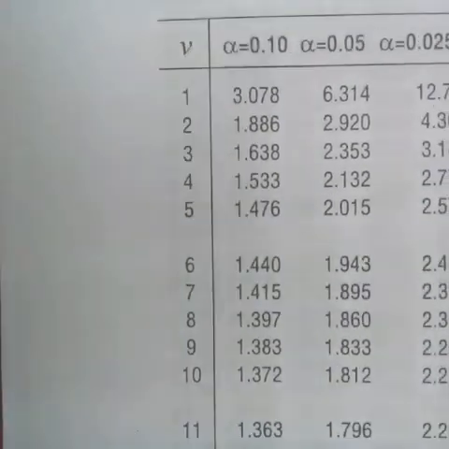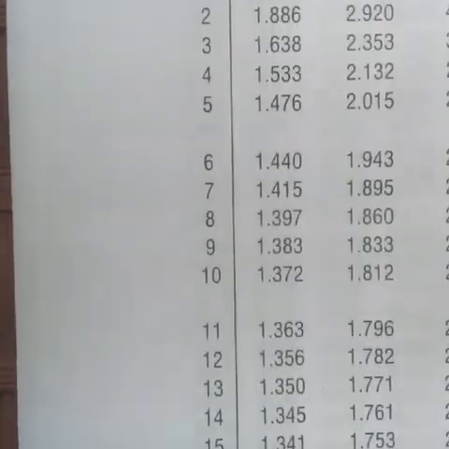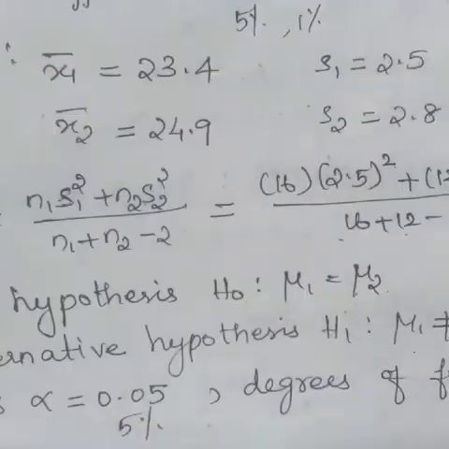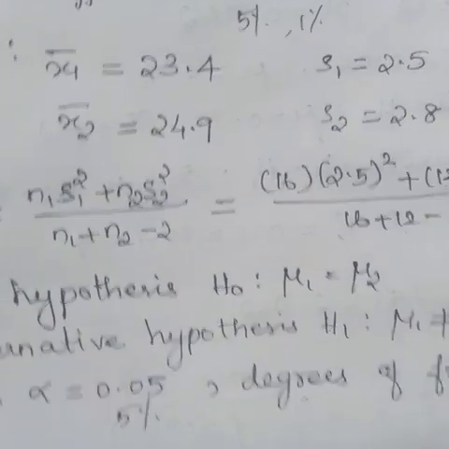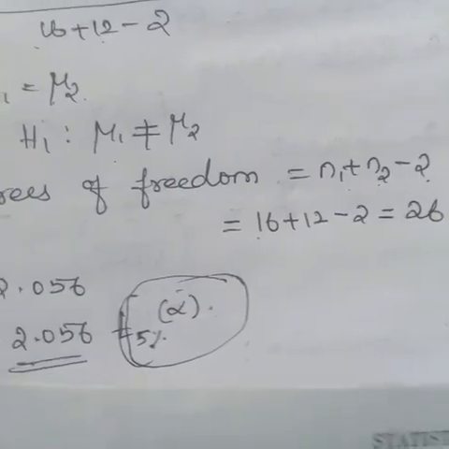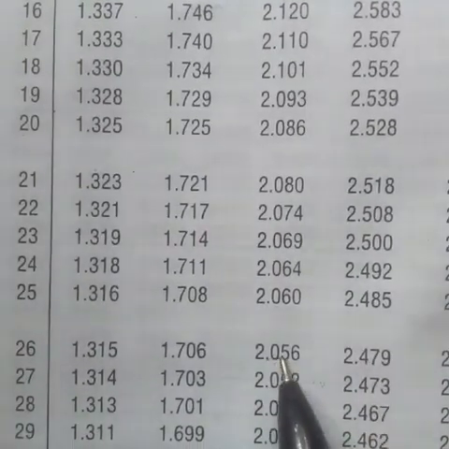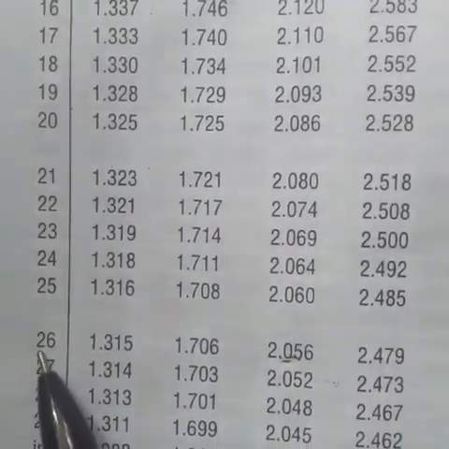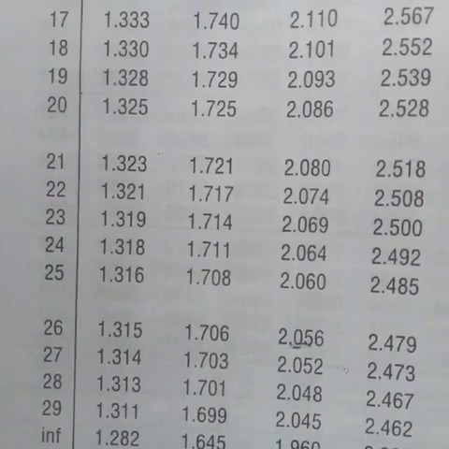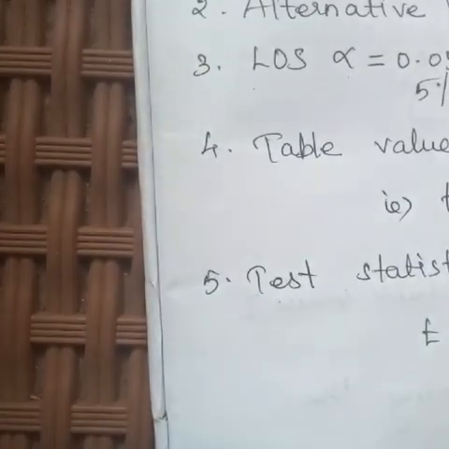Now the level of significance is 5% and the degrees of freedom is n1 plus n2 minus 2, which is 26. So from the textbook, the value is 2.056, for degrees of freedom 26 at 5% level of significance.